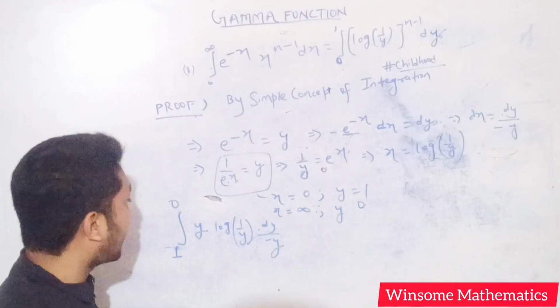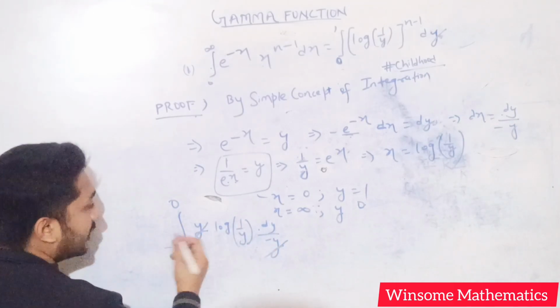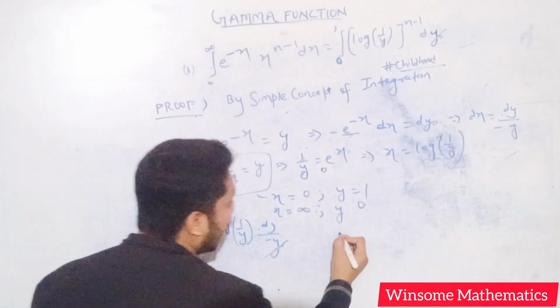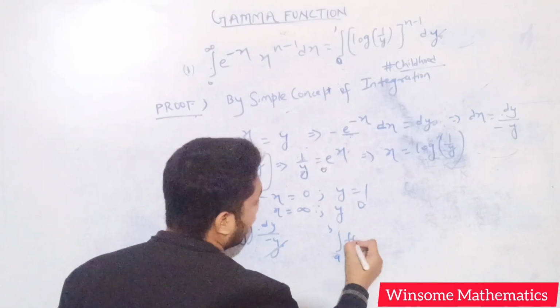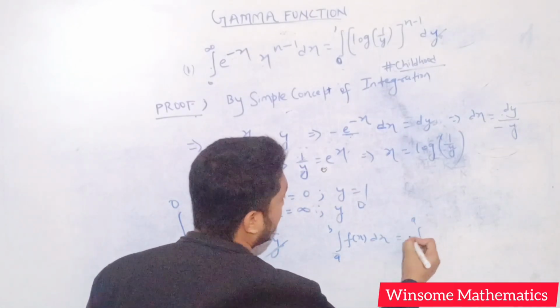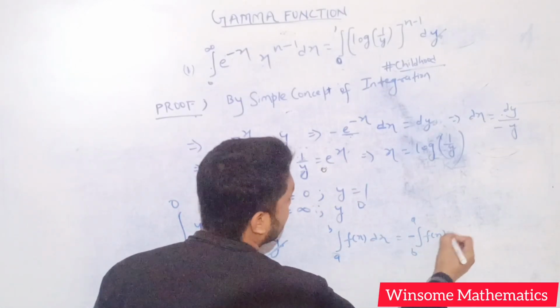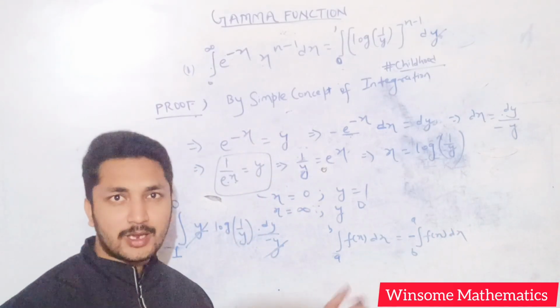So now we can cancel y with y, and this minus will reverse the limits of integration, because we know that the integral from a to b of f(x) dx is equal to minus the integral from b to a of f(x) dx. This is a basic property we have been studying since childhood.